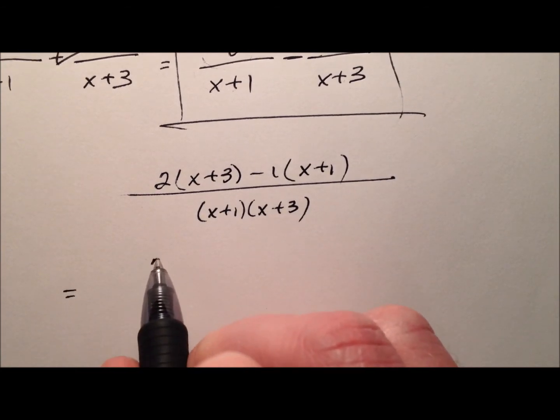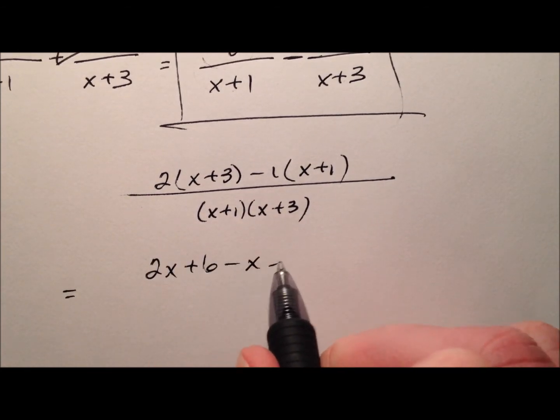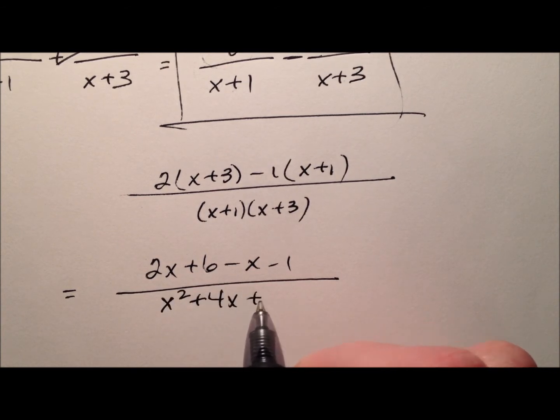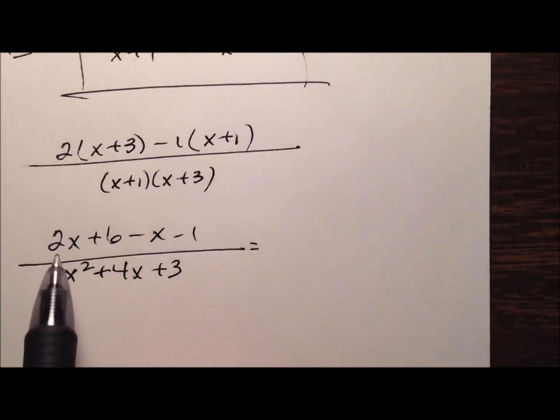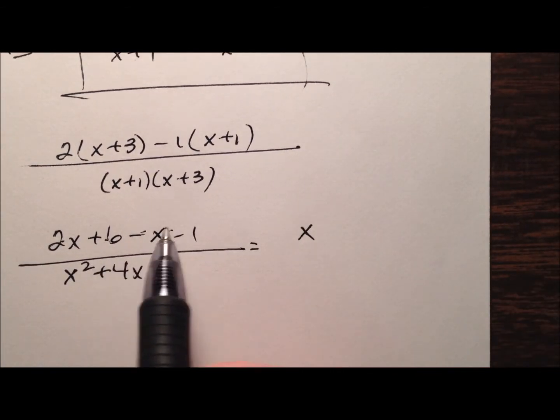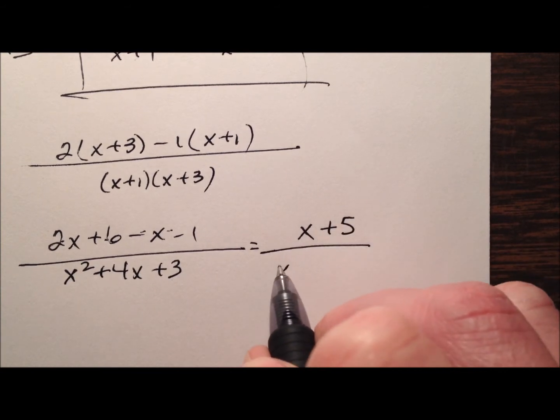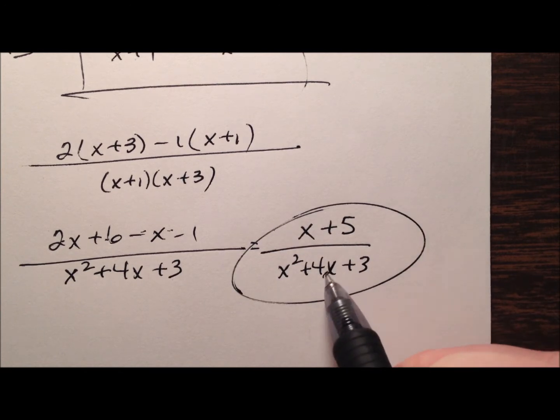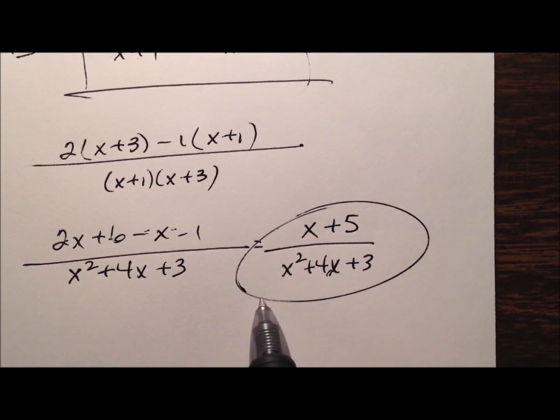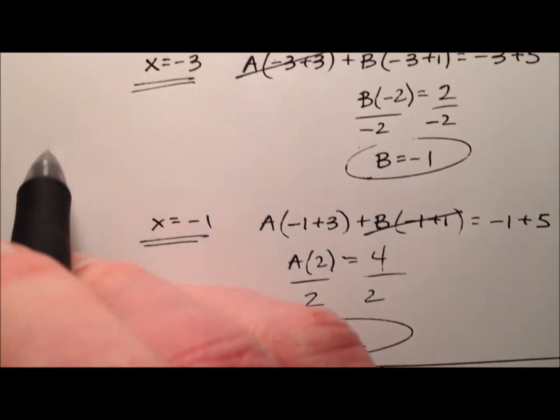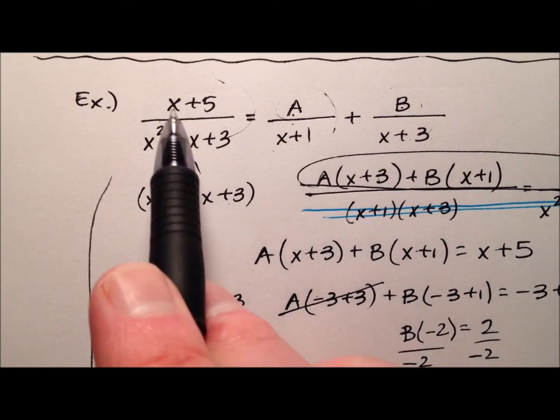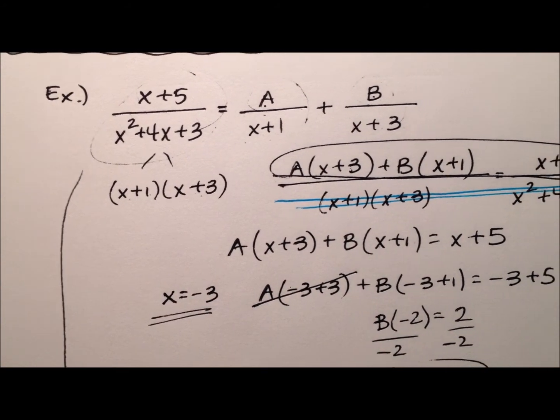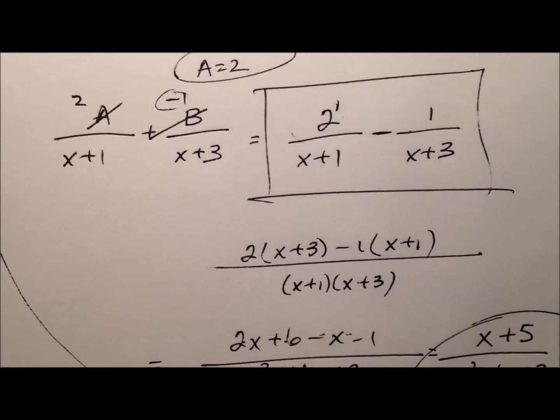Okay, so 2x plus 6 minus x minus 1 all over this common denominator. So this ends up being 2x minus x is x, 6 minus 1 is 5, over x squared plus 4x plus 3. And hey, yes indeed, if we look at this x plus 5 and then work it all the way back up here where I was, hey, same thing, right? So I know that I have decomposed this into its partial fractions correctly.